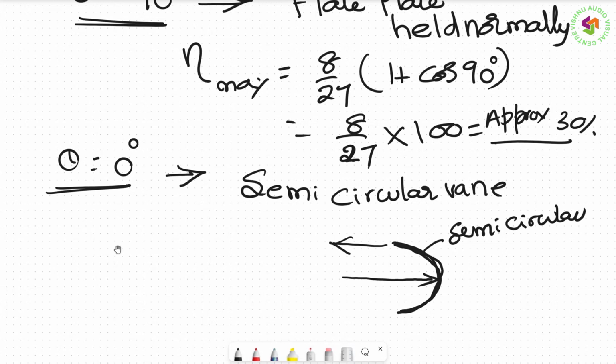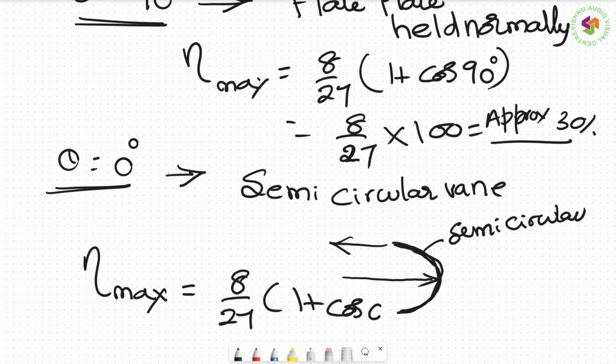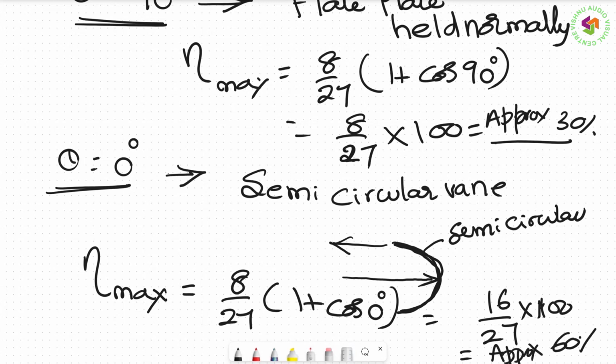So in that case, eta maximum is equal to 8 by 27 into (1 plus cos 0 degrees). It is equal to 16 by 27 into 100, so approximately 60%. So this is what I wish to tell you.